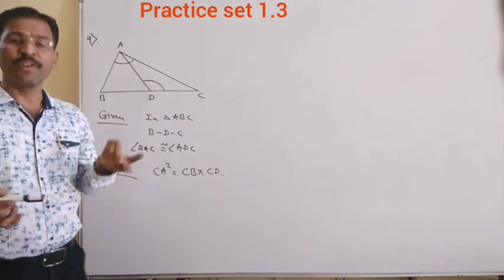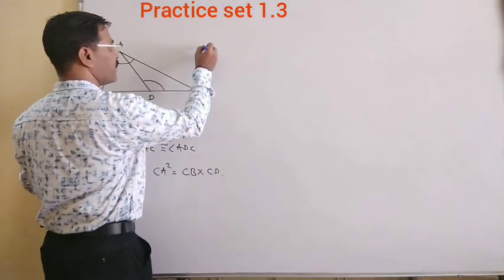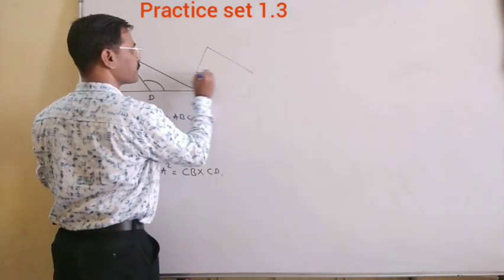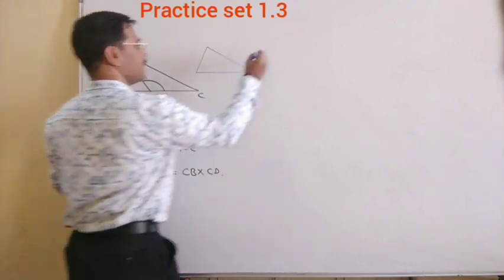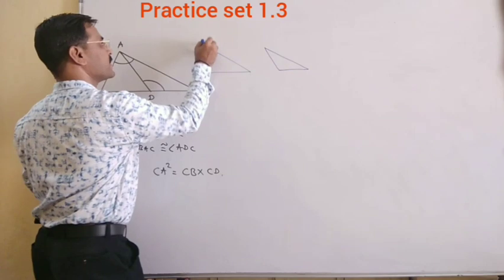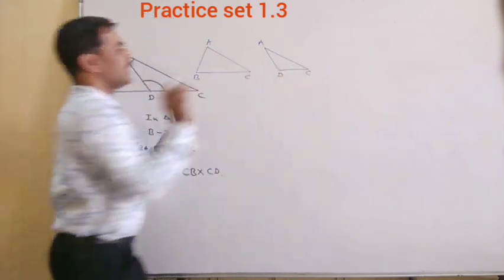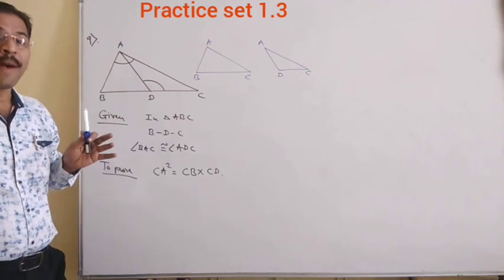Once we write these two triangles, I will separate them first. This is the bigger one, and that side triangle is ADC. Understand? This is ABC, this is ADC. Now look, which parts are given to us?